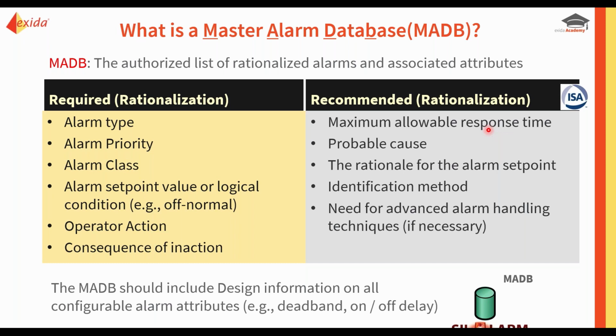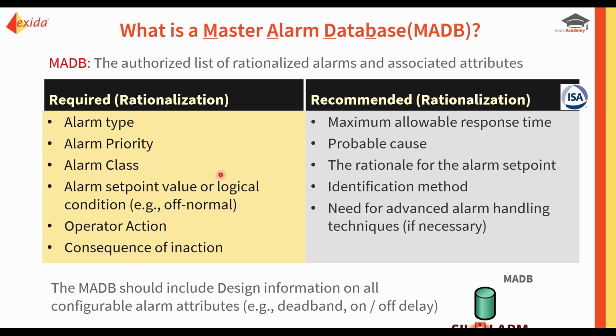Now let's talk about what we mean by rationalization information. So that's, hey, it's the information that we document during rationalization and is typically contained in a master alarm database. The master alarm database is the authorized list of rationalized alarms and their associated attributes. So there's that word again, attributes.